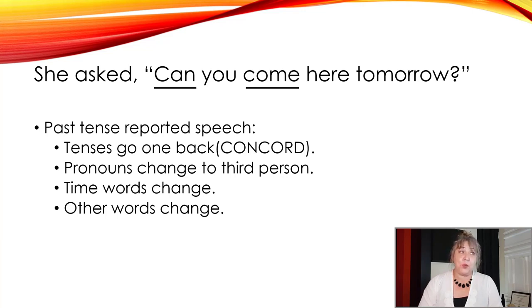So, for step 1, tenses go one back, I find my verb. And just like we said just now, you cannot just choose come, you must choose the auxiliary with your main verb. Step 2, pronouns change to third person, you.